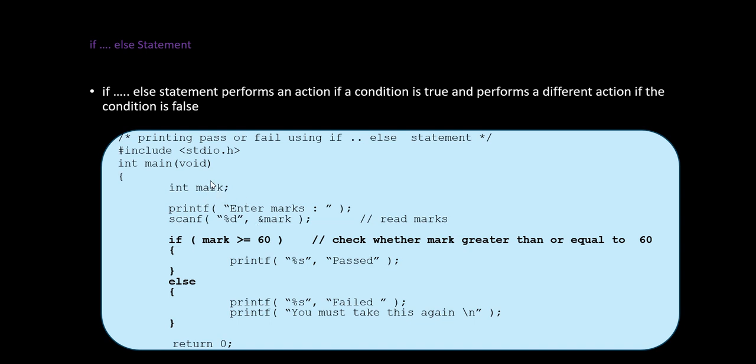Here mark is given as int, then we are taking marks from the user, then we compare. If mark is greater than or equals to 60, we have to print pass, else we have to print fail. You can try out these examples.